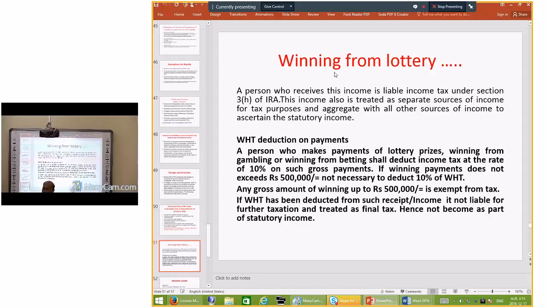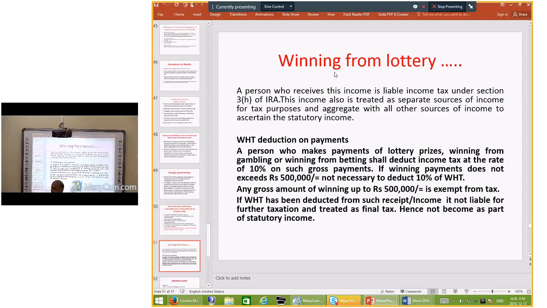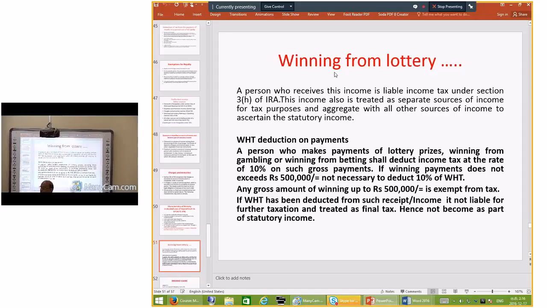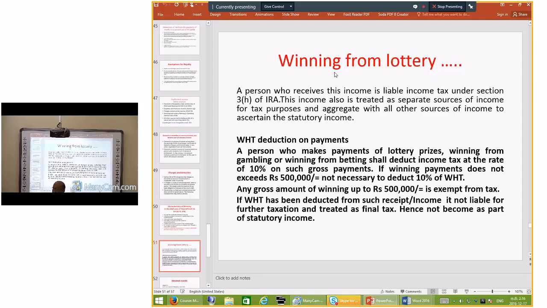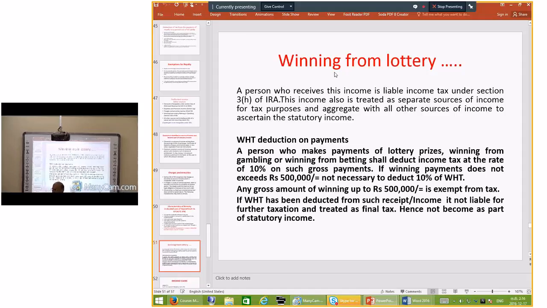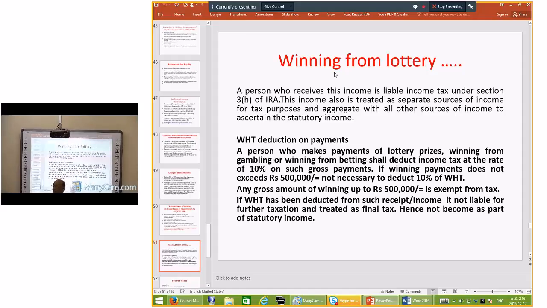If the gross amount exceeds 500,000, the payer has to deduct 10% as withholding tax and send it to the tax department. Another case is not the lottery but gambling businesses.